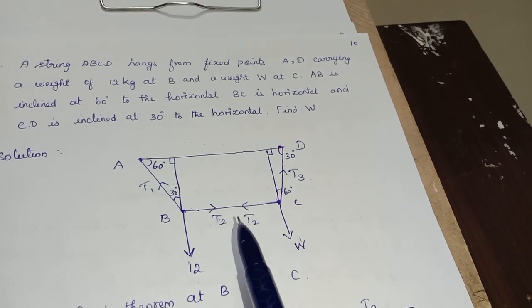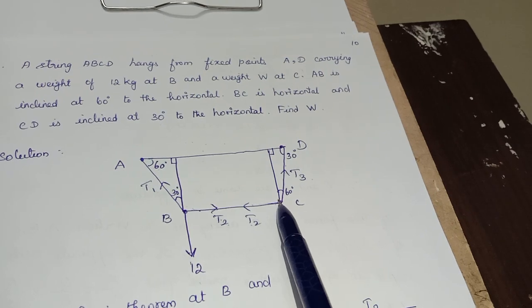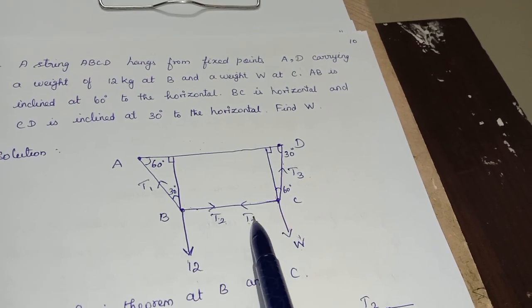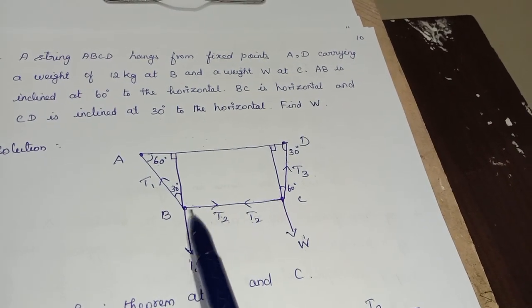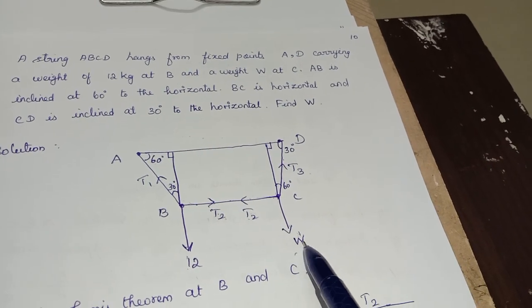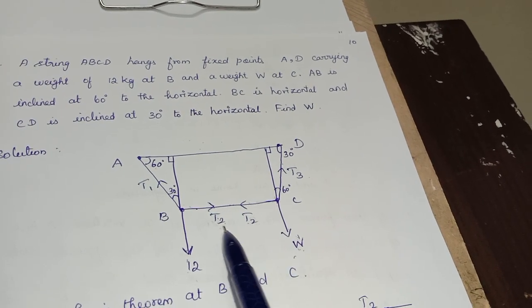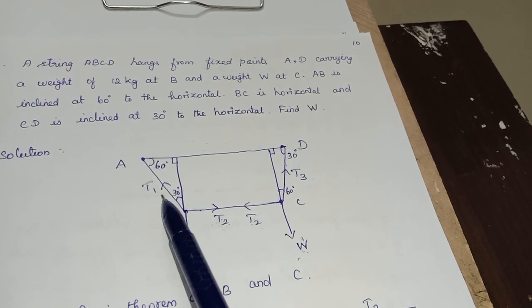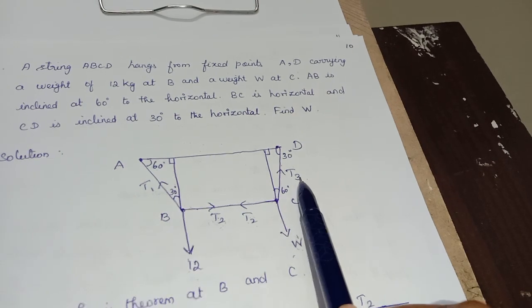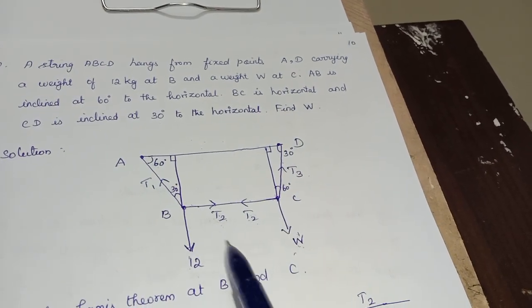For balancing, for keeping it in equilibrium, the tension along this part must be equal and opposite. That is why the tension produced by this 12 kg along the string and the tension produced by W along this string must be equal and opposite. That is why we have put T2, T2 here. These two are different because they are different portions of the string, no? They need not be the same.